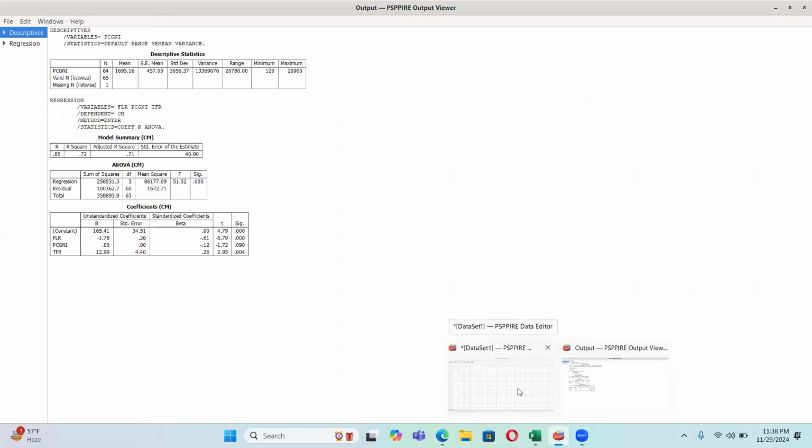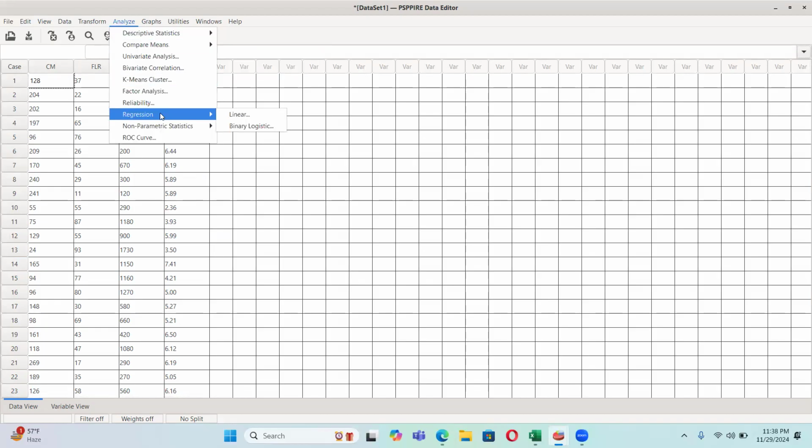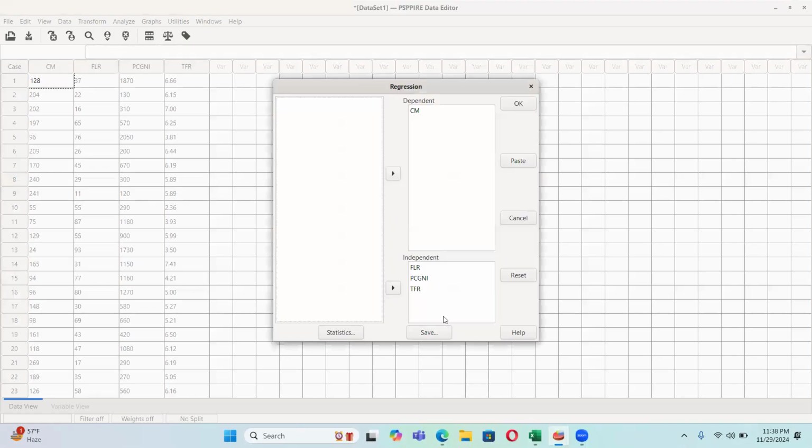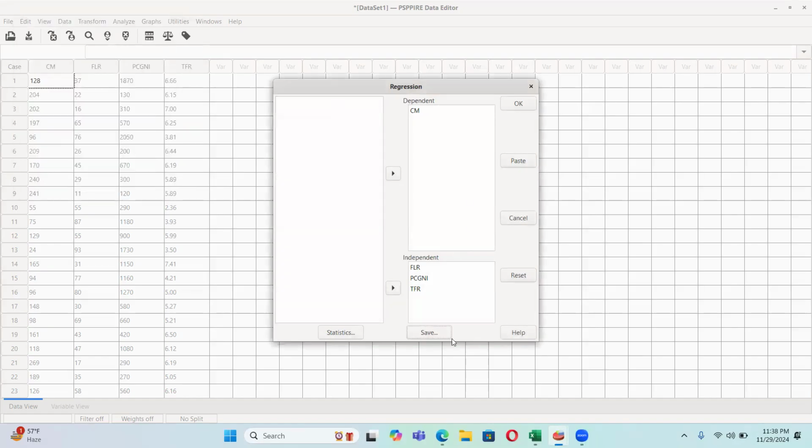Now we can check whether the residuals are normally distributed or not. Firstly, we can use the regression, same thing, and we can go to Save, and we can select residuals so that we will have residuals as well.